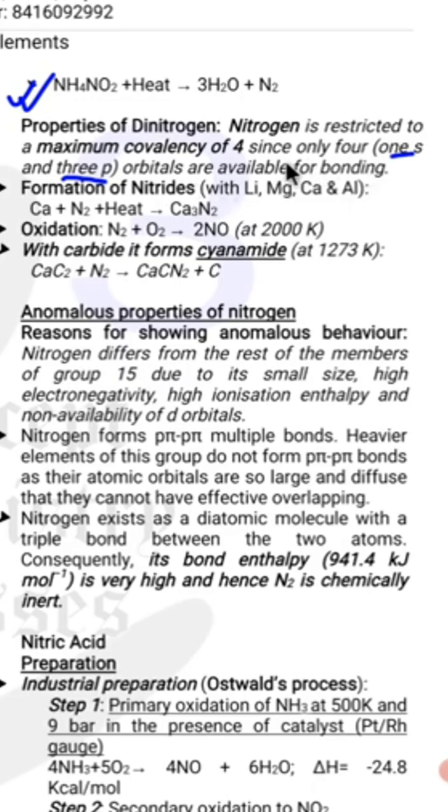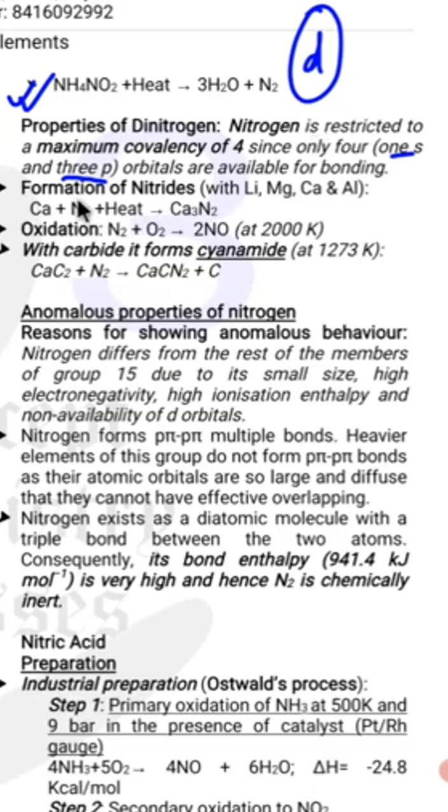Indirectly, you can say we do not have d subshell or d orbitals in nitrogen. Therefore, nitrogen cannot have pentavalency or covalency of more than 4.